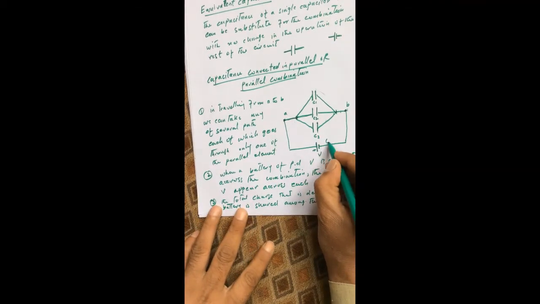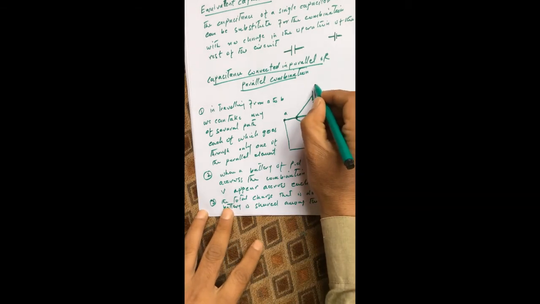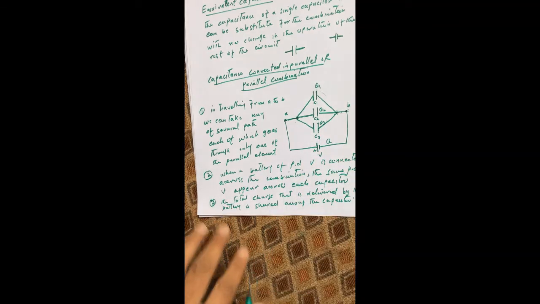Suppose this battery delivers a total charge Q, then charge Q1 is produced on this capacitor, charge Q2 on this one, and charge Q3 on this capacitor. So the total charge is divided into three parts now.